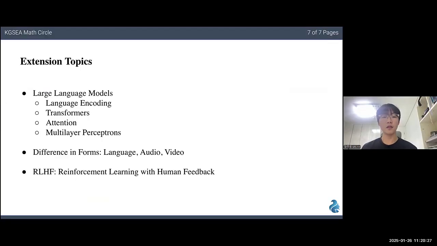We can also look into different forms of generative AI, language, audio, and video, where they can take in these inputs or even spit out those as outputs. And finally, we can also discuss the effects of RLHF, reinforcement learning with human feedback, and how it plays in with weights and biases.